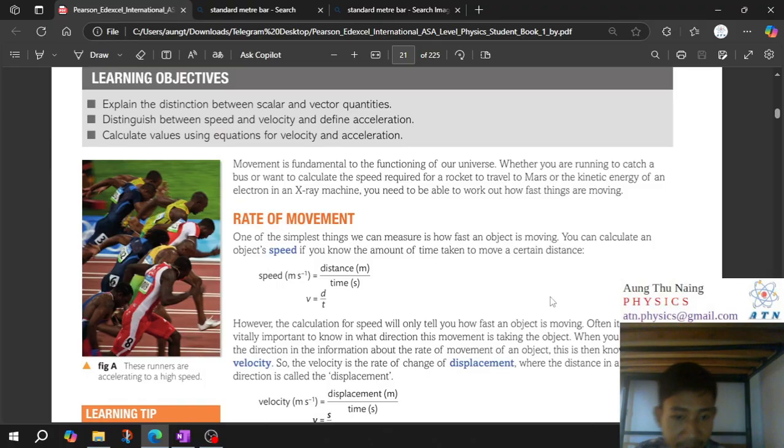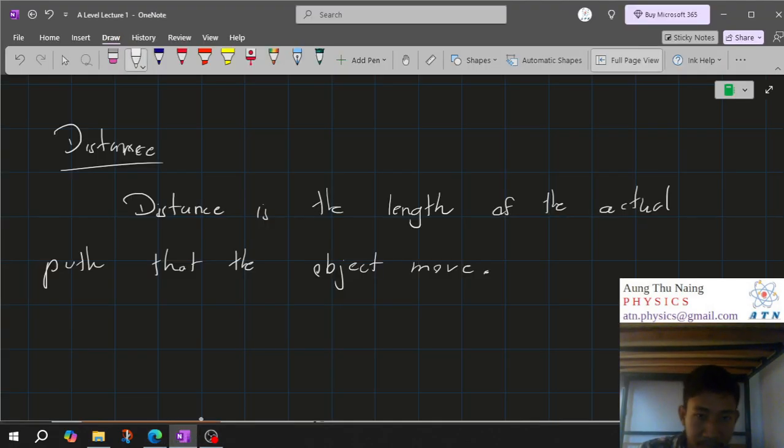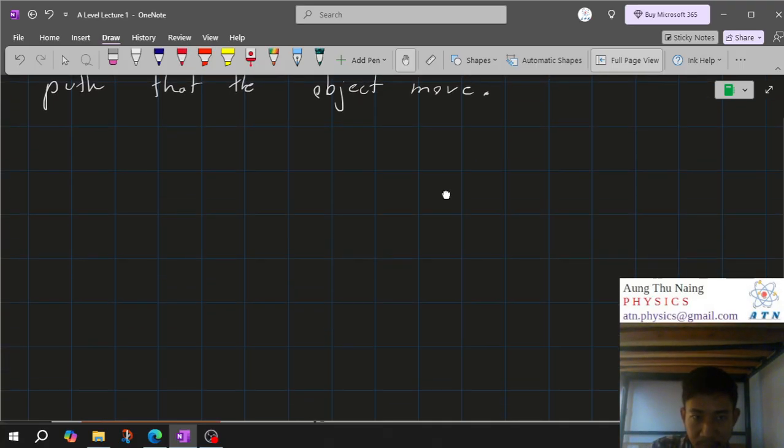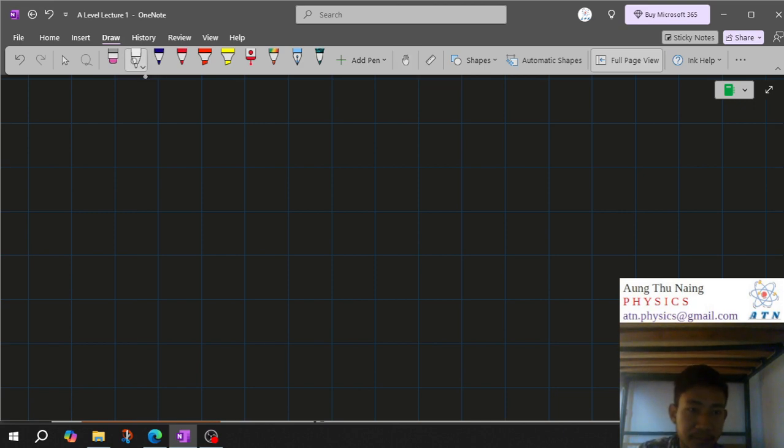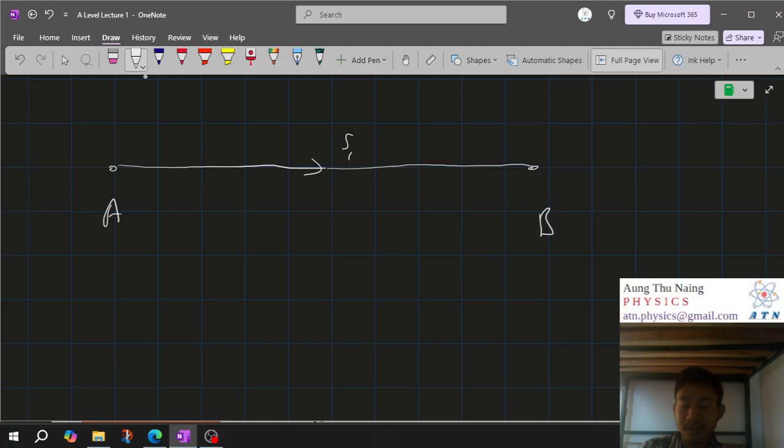Let's consider an example. The object moves from point A to B. This is distance S1. And another object moves from point A to B like this.